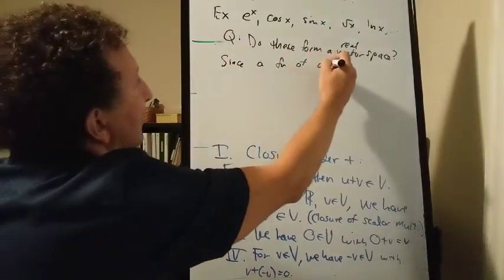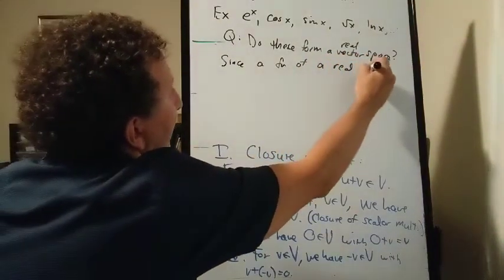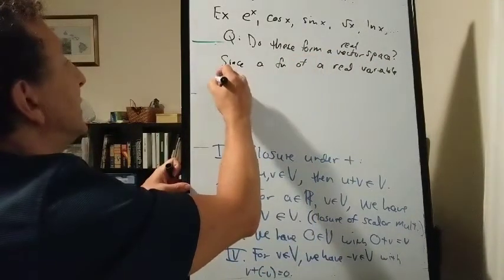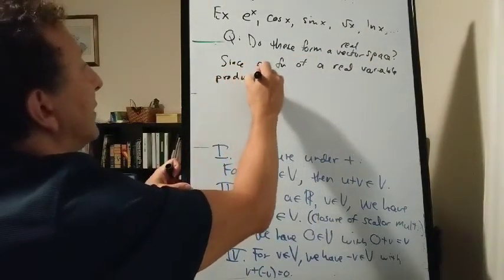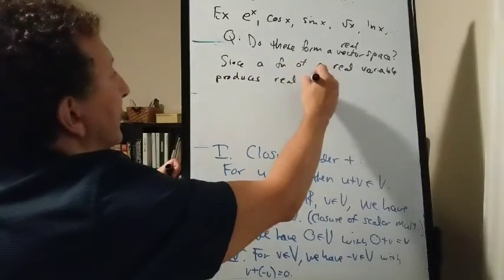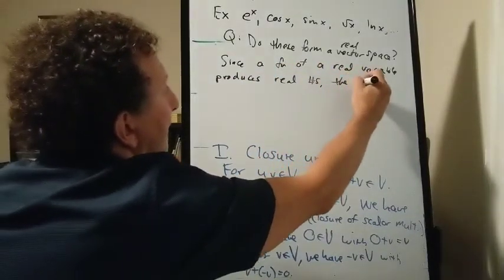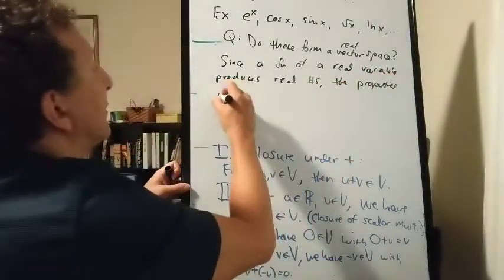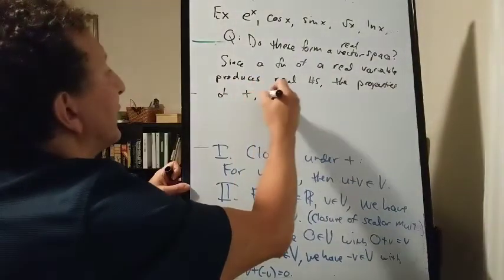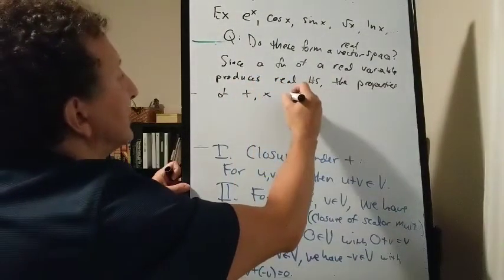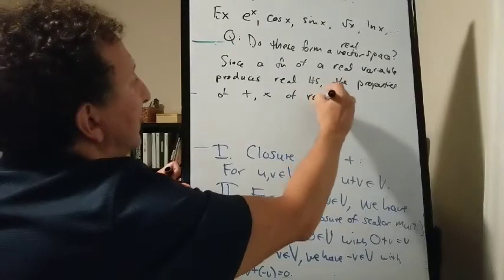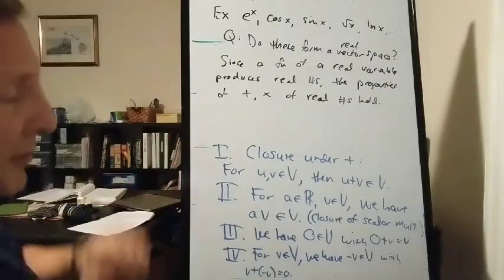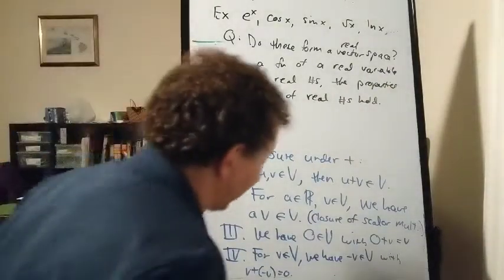So since a function of a real variable produces real numbers, the properties of addition and multiplication of real numbers hold. So let's think about these four properties that we concentrated on before.